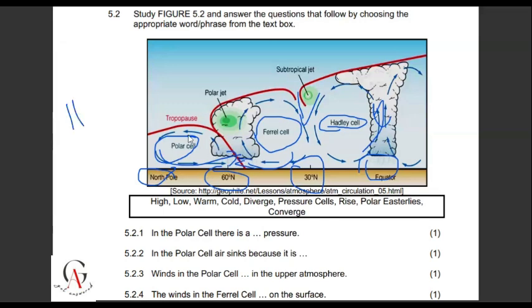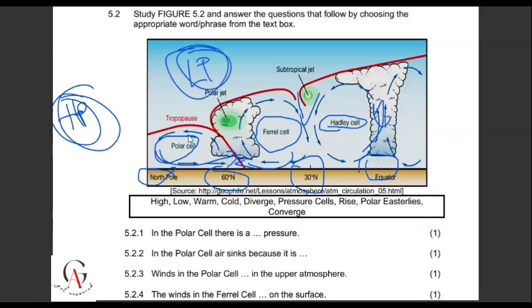If you have a high pressure cell here, and there is low pressure there, it means there is a pressure gradient between these two cells. There is a difference in pressure, which will definitely make the air flow from high going to low. It must attain a natural balance between those two pressure cells. There is high concentration of air molecules here, and low concentration there, which will prompt the air to move from the high to the lower.